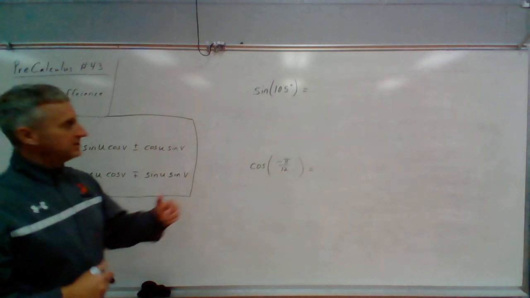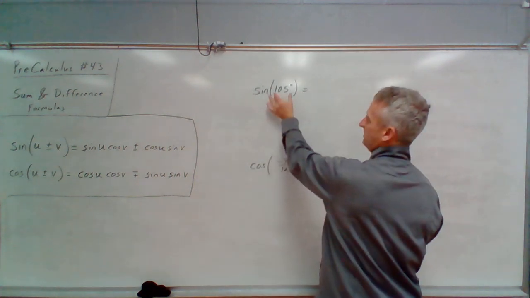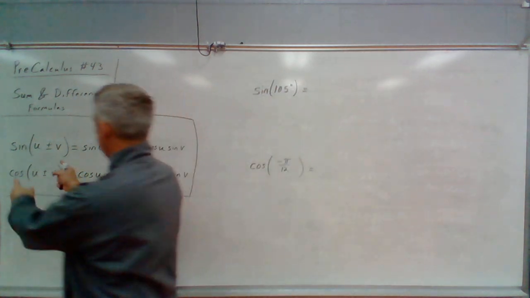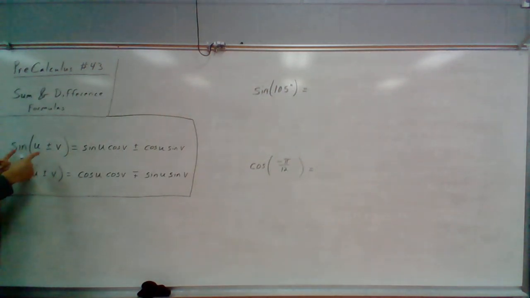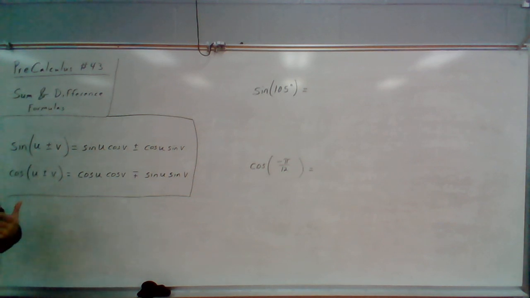The hard part is being able to turn this 105 degrees into something that looks like this. So I need to turn the sine of 105 degrees into the sine of one angle plus another angle. And the two angles that I choose need to be the ones that I know how to find the sine and cosine of.